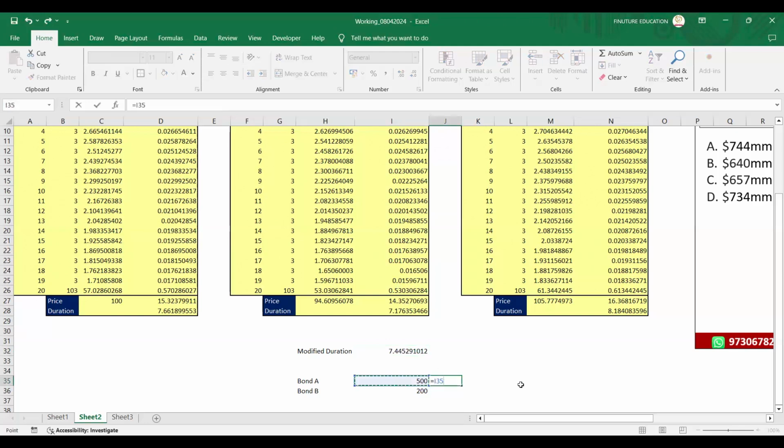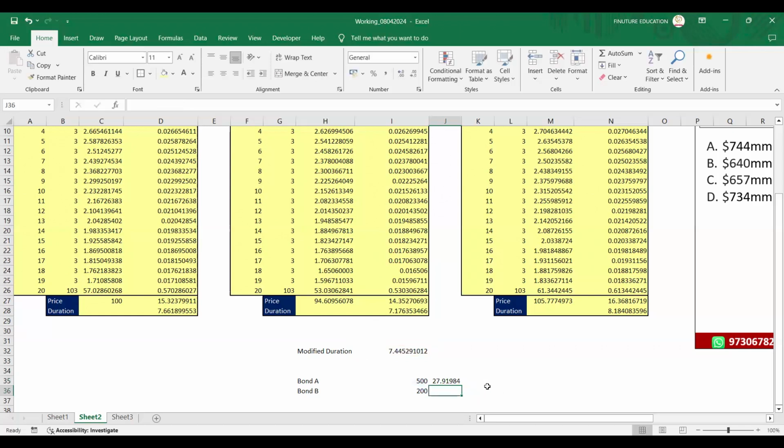So what I'll do is multiply bond value into my modified duration into how many basis points, because this is the change for 100 basis points. Duration is the change in bond value when your yield changes by 1%. So what the formula gives you is a 1% change, but I want the change for 0.75%.